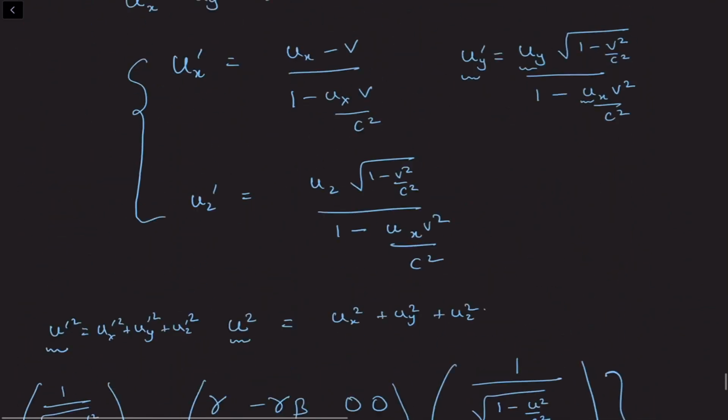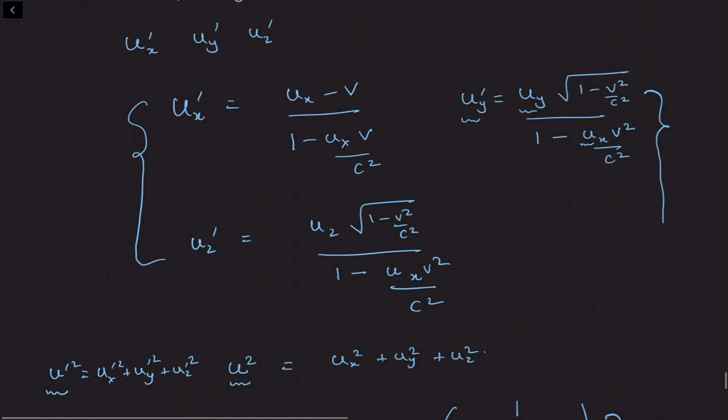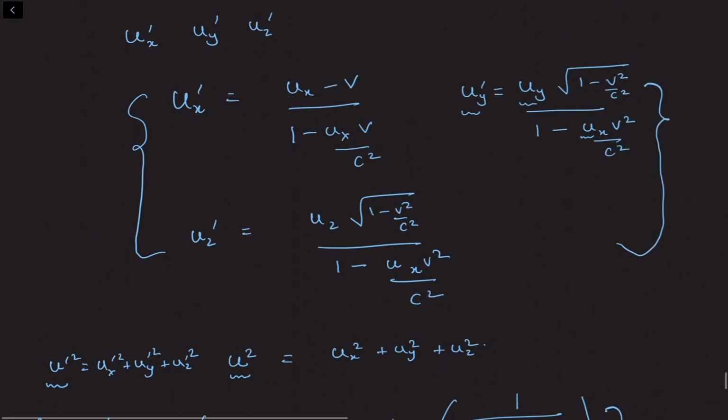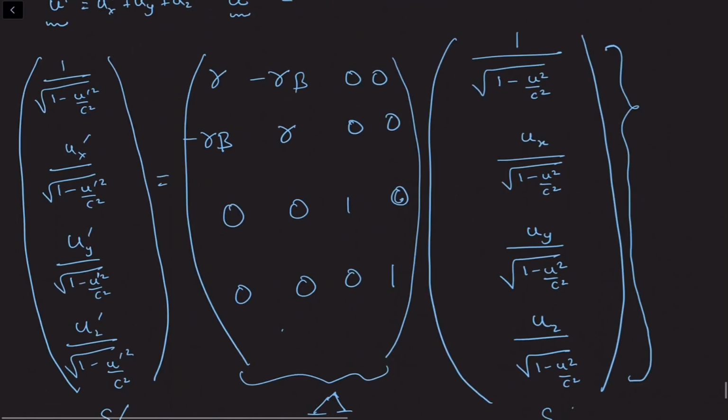It's just converting the transformation of ux prime or ux, uy, and uz to a transformation of these four quantities, which I've written down as a column vector over here.